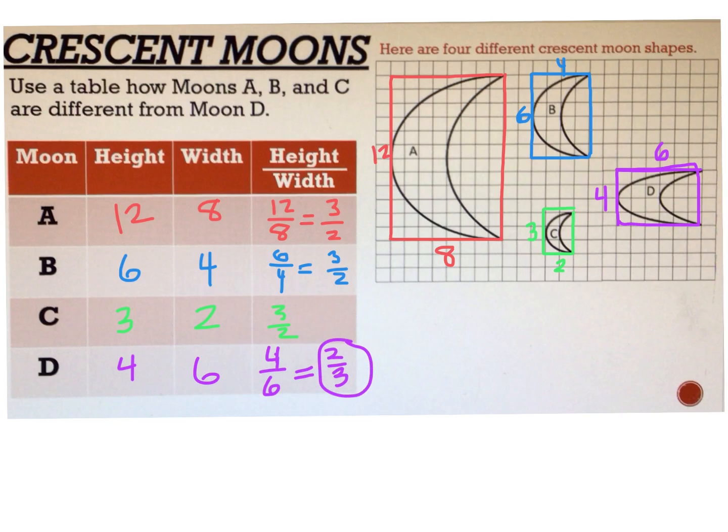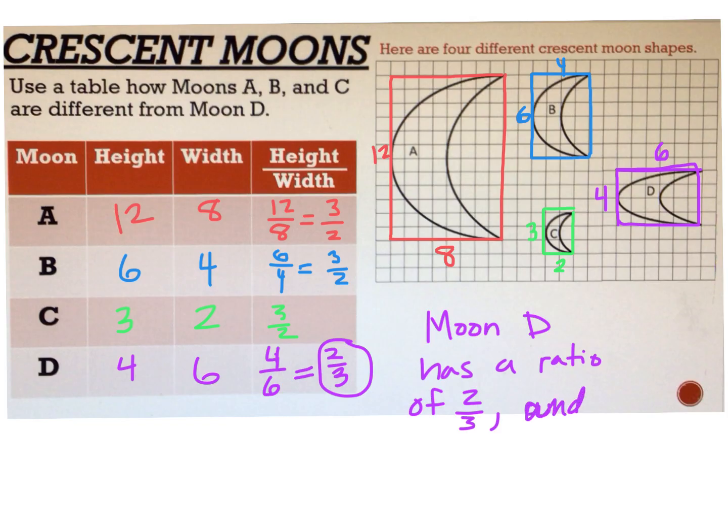So this one is different, as a ratio of 2/3. And the others, A, B, and C, have a ratio of 3/2.